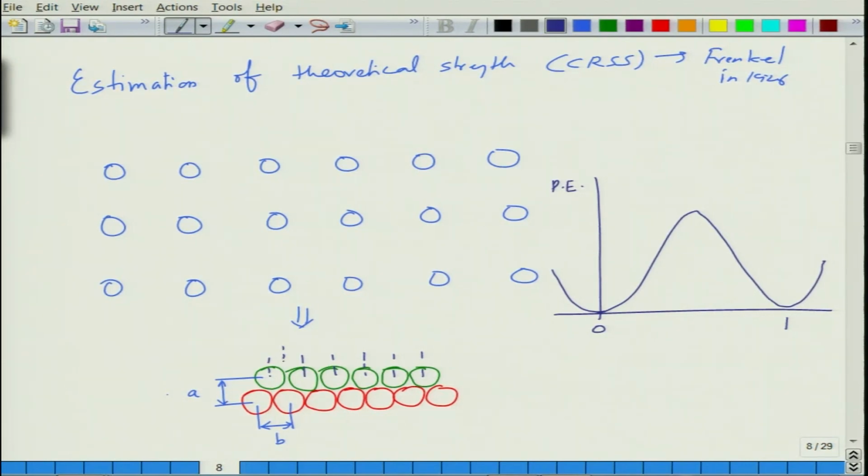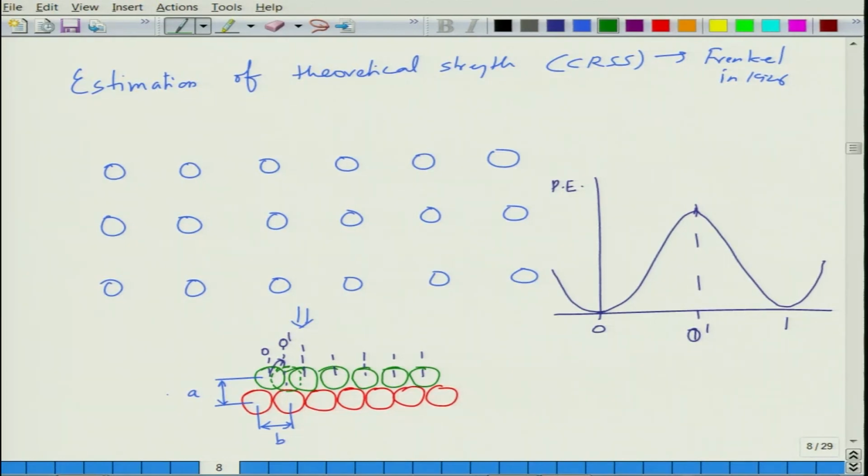But when this atom moves to this position, it comes on top of the next atom, and that is where the potential energy is maximum. Let us say this is 0 prime. Okay. So, this is 0 prime, this is 0, this is 1. When the green atom moves here, then the potential energy is maximum. This is the case of a close packed structure.